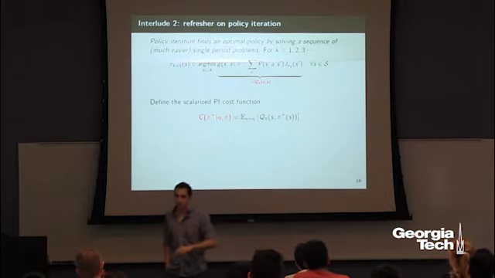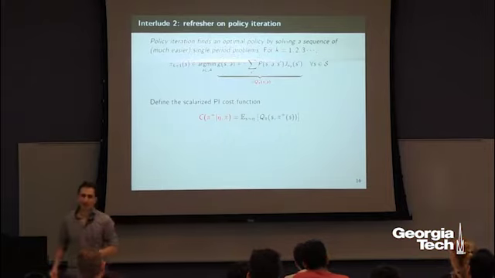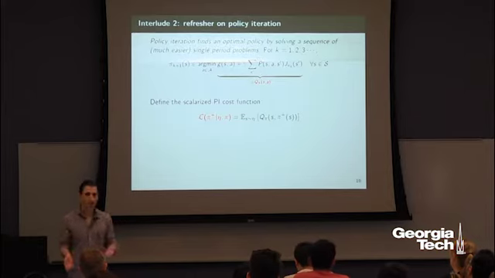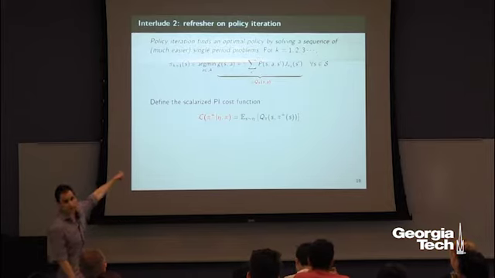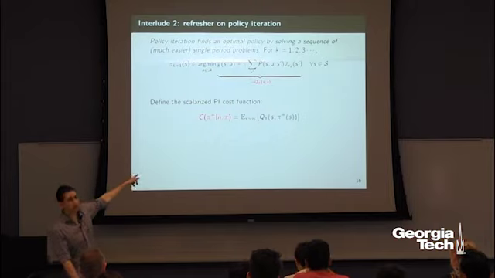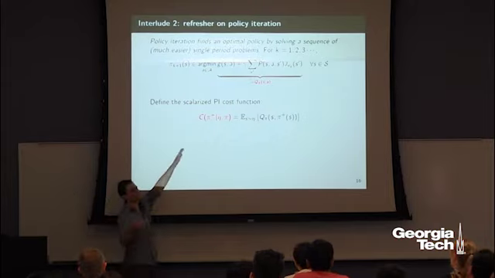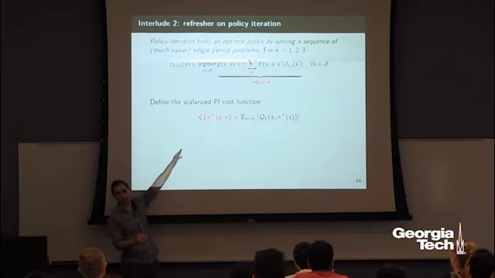Now, the policy iteration update gets the argmin for every single initial state S. And so the policy iteration update also minimizes this thing, C. And more or less you have uniqueness as long as eta is supported everywhere.